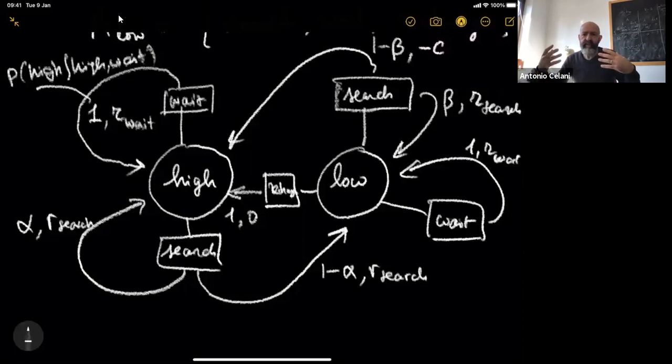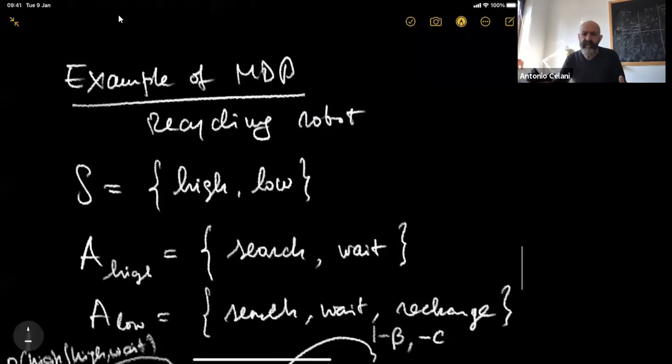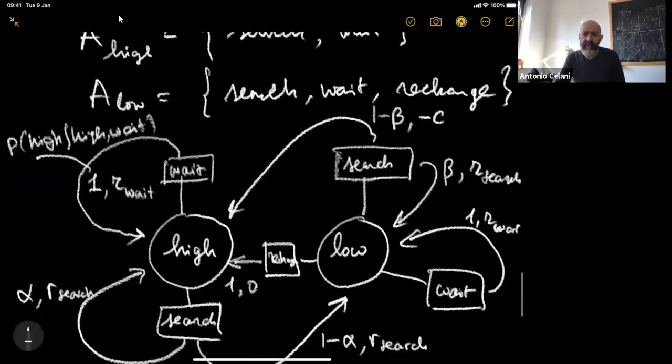So if you have an actual problem in decision-making, your blueprint is to go through the steps: define meaningful states, define meaningful actions from the states, define how from a state taking an action you end up in other states, define with which probabilities you get there, and with what kind of distribution of rewards you will get there. Designing the structure of a problem is a key step, and this is one simple particular example.